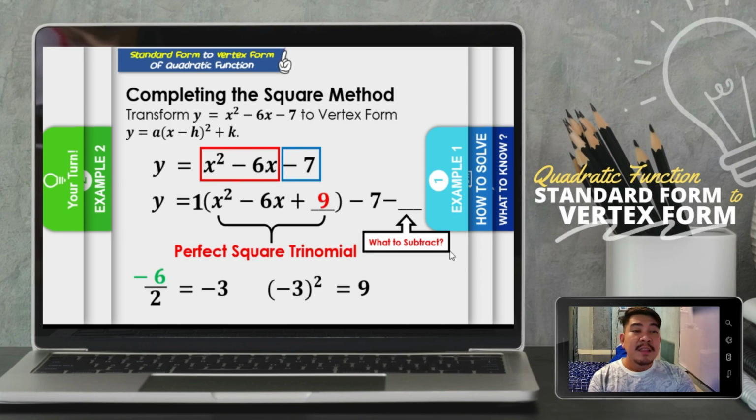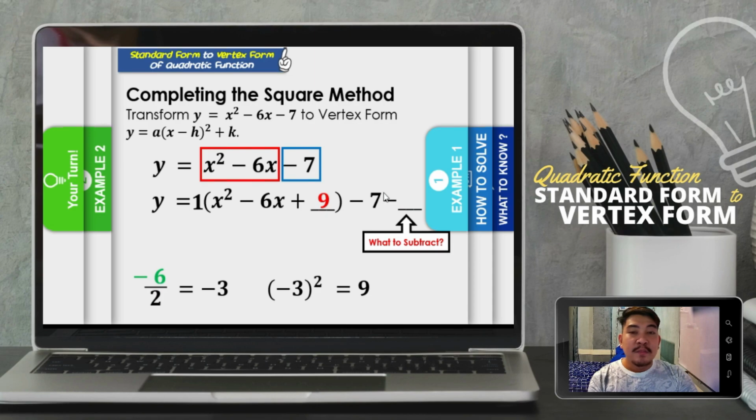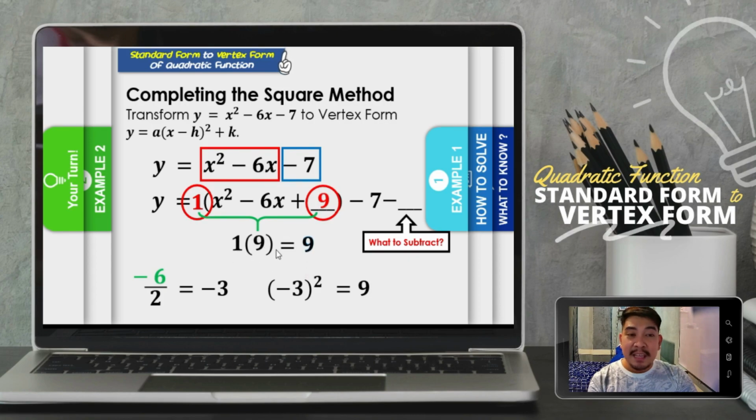To determine the term that will be subtracted outside the parentheses, we just need to multiply the value of a and the term added inside the parentheses. So that will become 1 times 9, which will give us 9. This 9, the product obtained, will be subtracted to the term outside the parentheses.